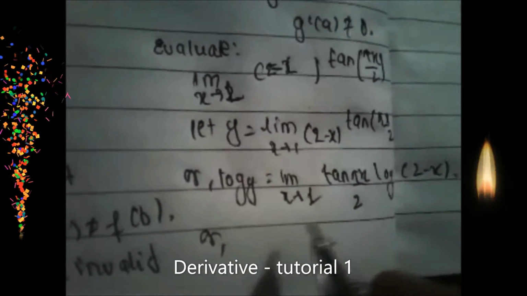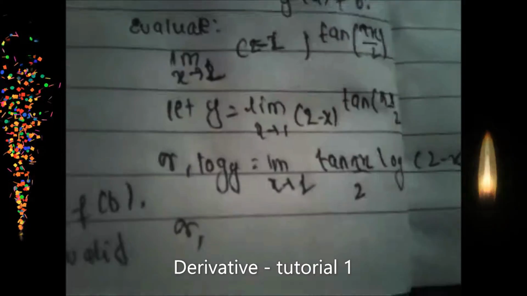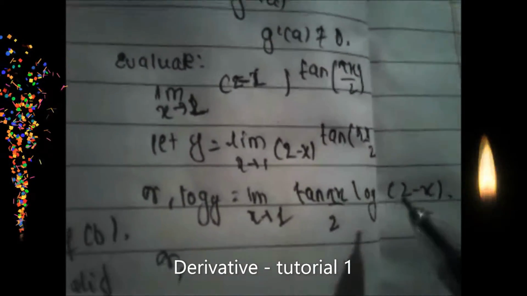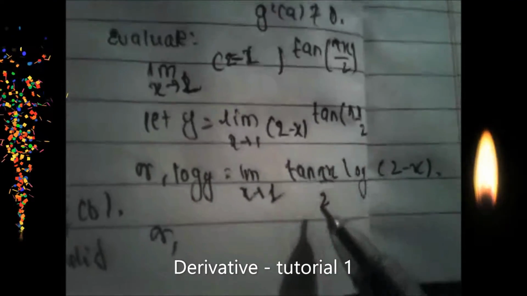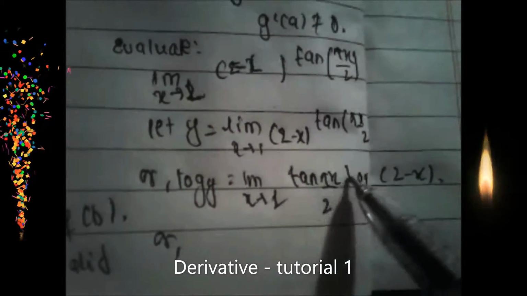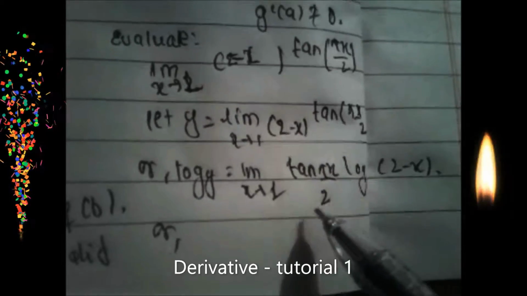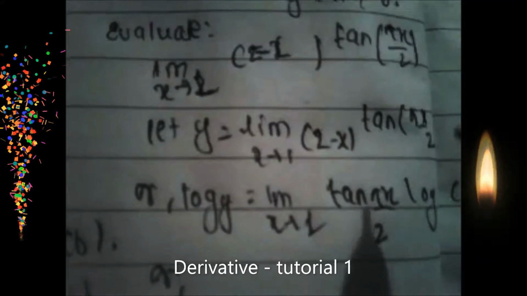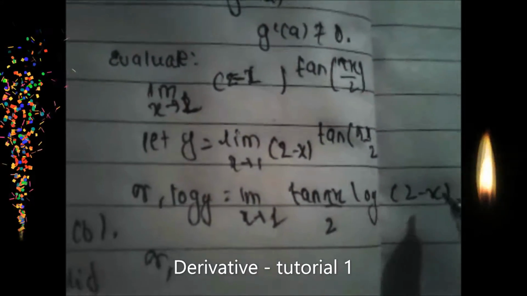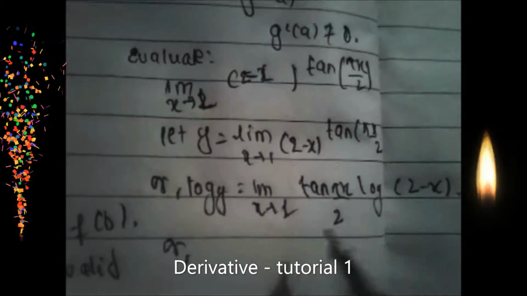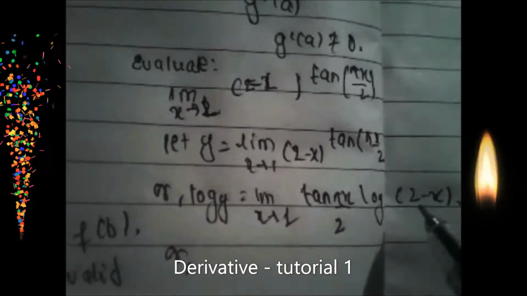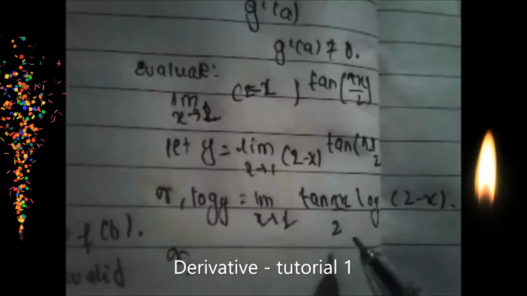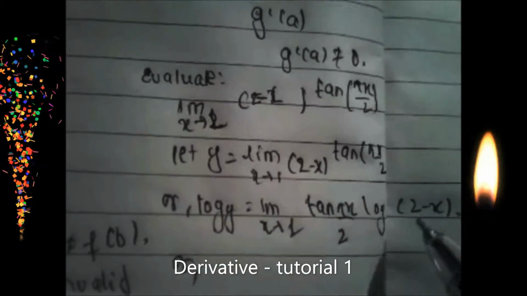Now what we do is check whether it is 0 by 0 form or not. Here pi x by 2 is given. When we put the value of x as 1, what happens? Pi by 2 is infinity into 0, so it is infinity into 0 form. So we have to make it 0 by 0 form.